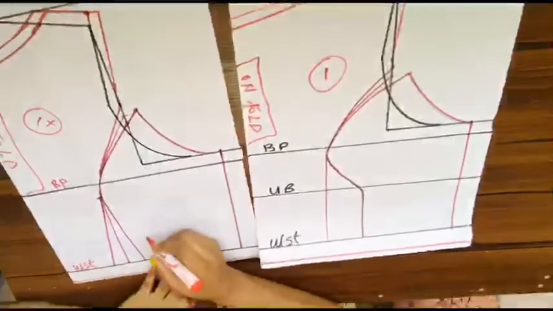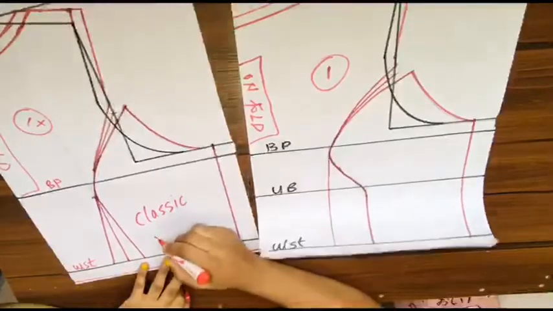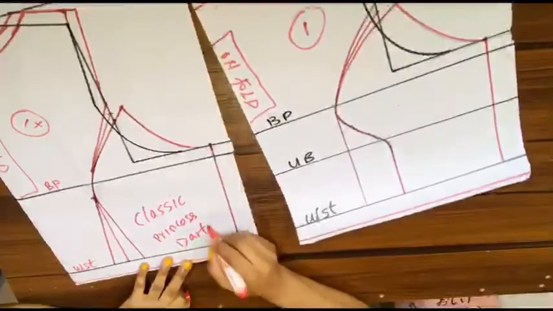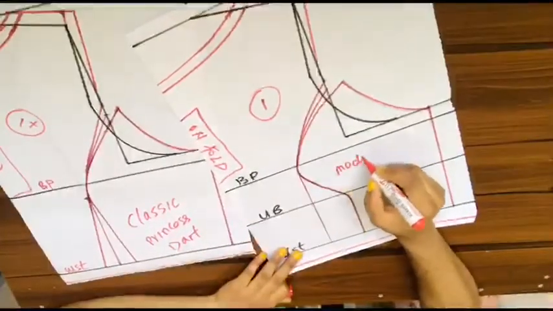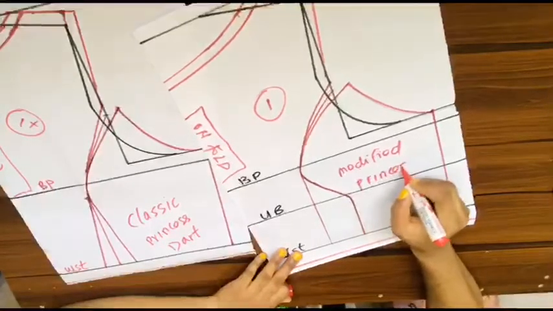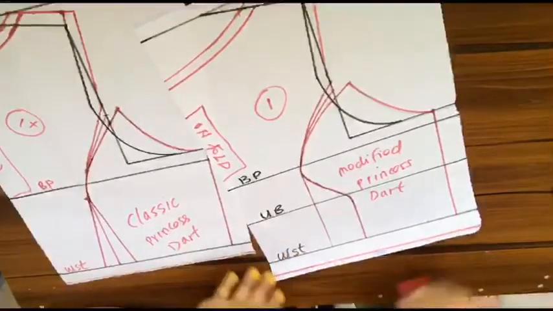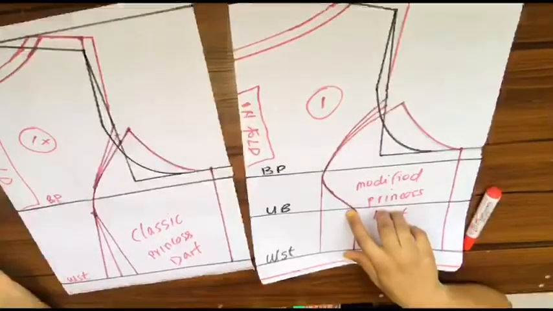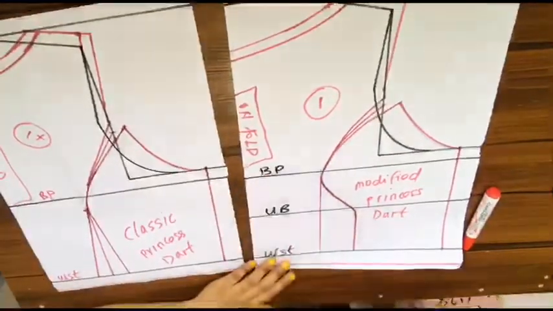This is a classic princess dart, and this is the modified one. Okay, so whichever one works for you, you can use it to transfer on your fabric. Make sure that you cut it on fold when you are cutting.